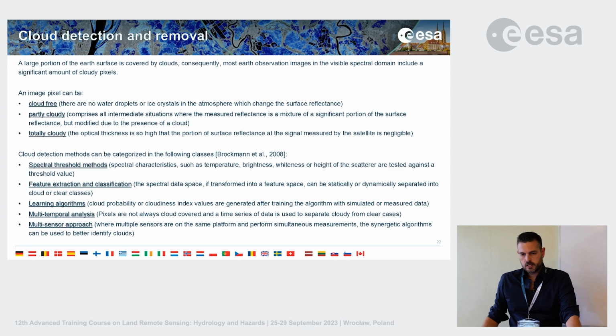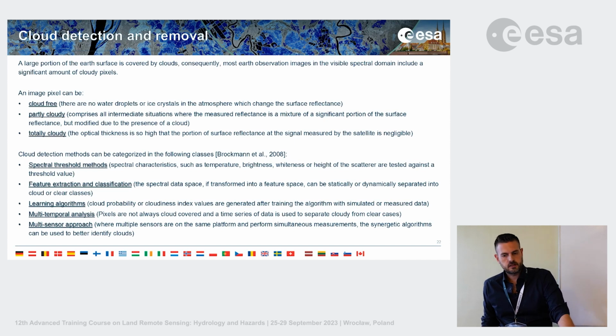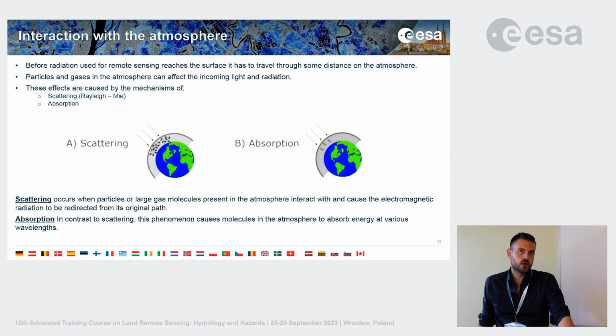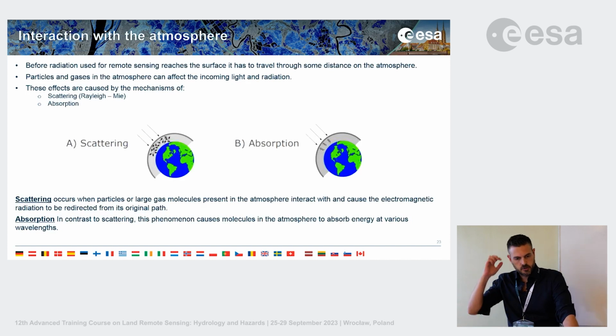So at the sensor, reflectance is the surface reflectance plus atmospheric reflectance. We miss this part. In order to add back this part, the atmospheric reflection, we need to correct atmospherically the image, the top of atmosphere images.